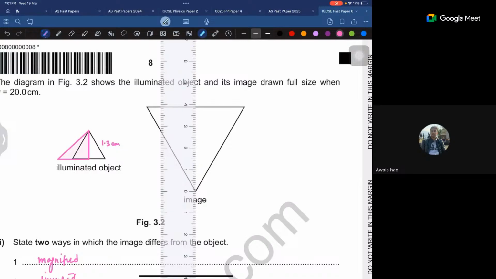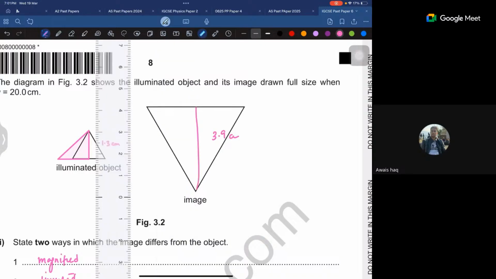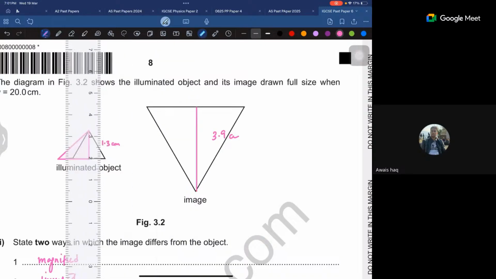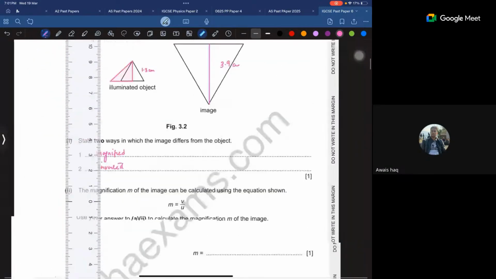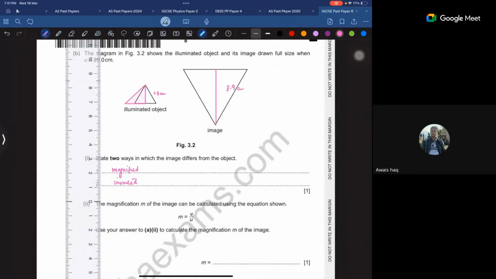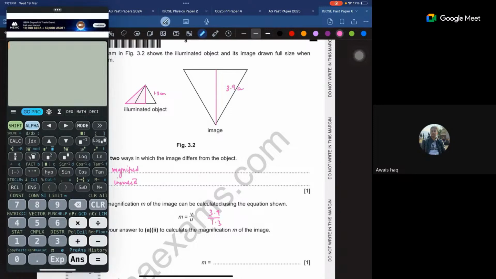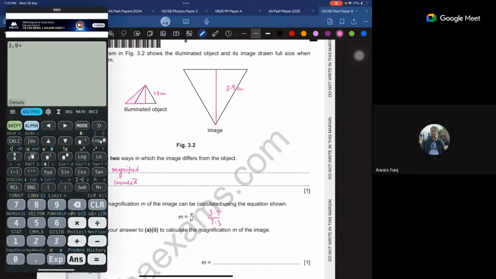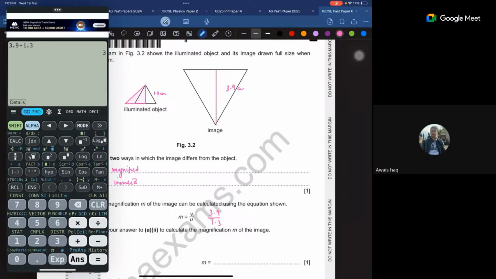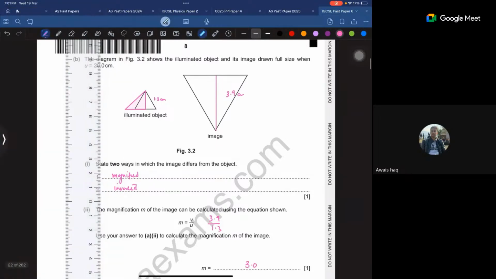So here, we are at 3.9 centimeter height. So now we got to do this. 3.9 divided by 1.3. And this is going to be 3.0 magnification, right?